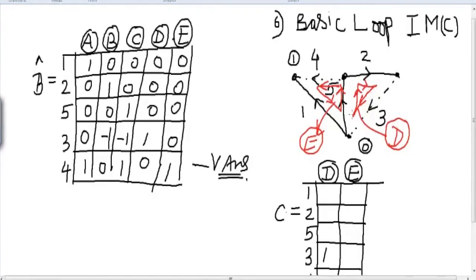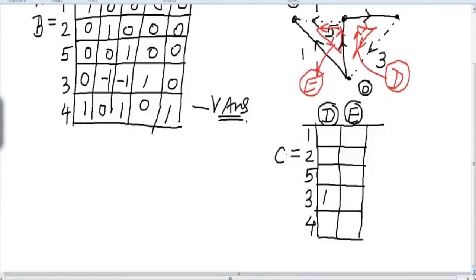Then we have to check the direction of the other elements. When we write D, what are the contents of D? The set of D will contain 3, then 5, and then 2.